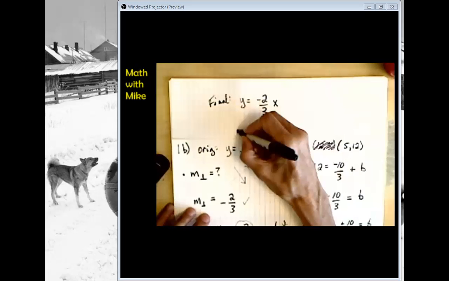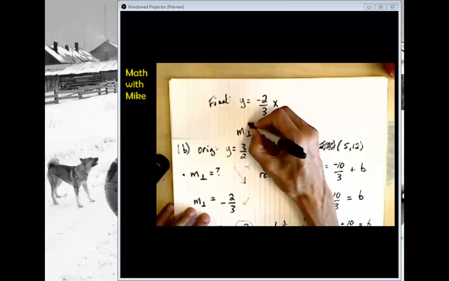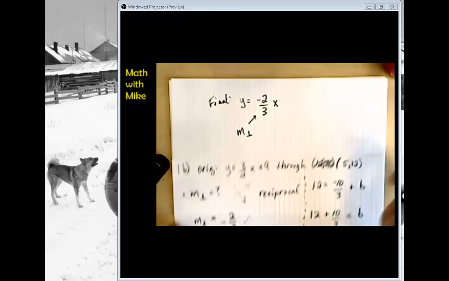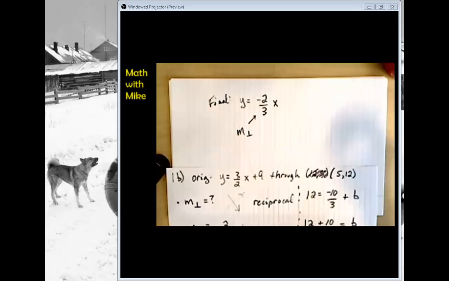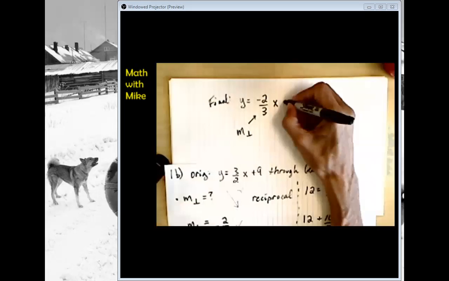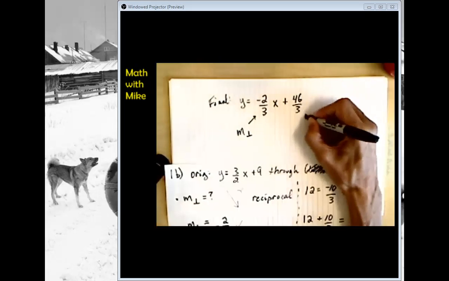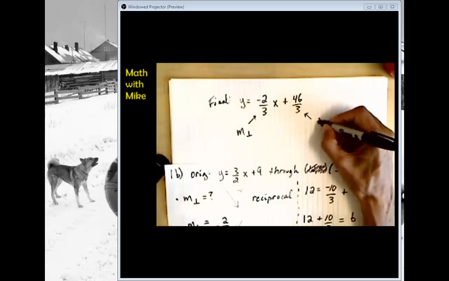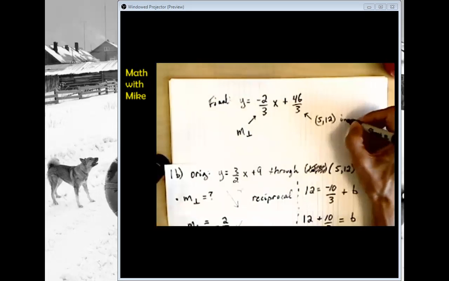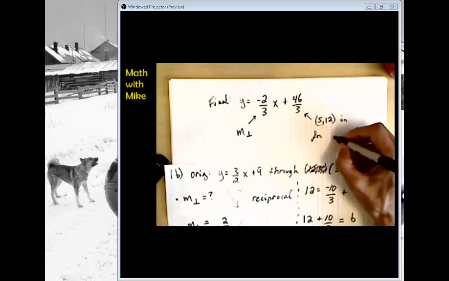Remember, that's the perpendicular. Just to remind you, plus 46 over 3. And that comes from, importantly, 5, 12, and 4, x and y.